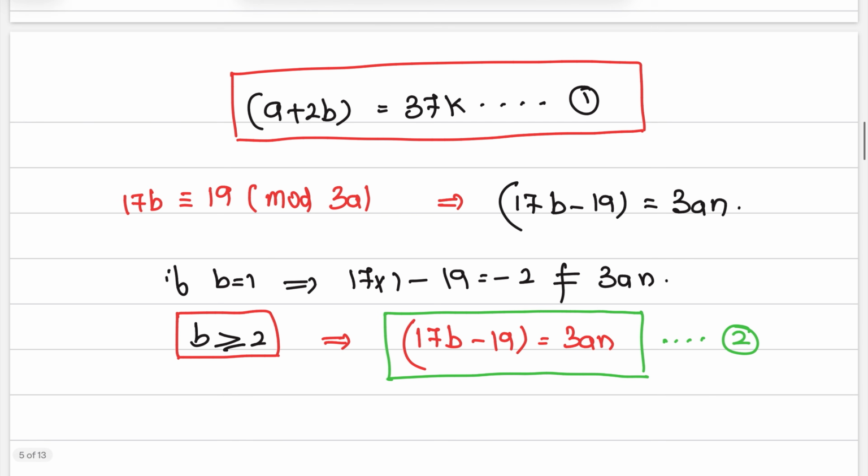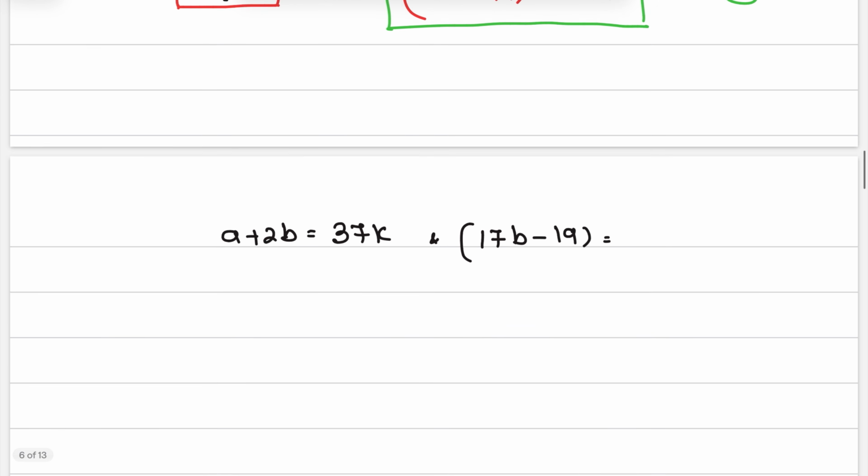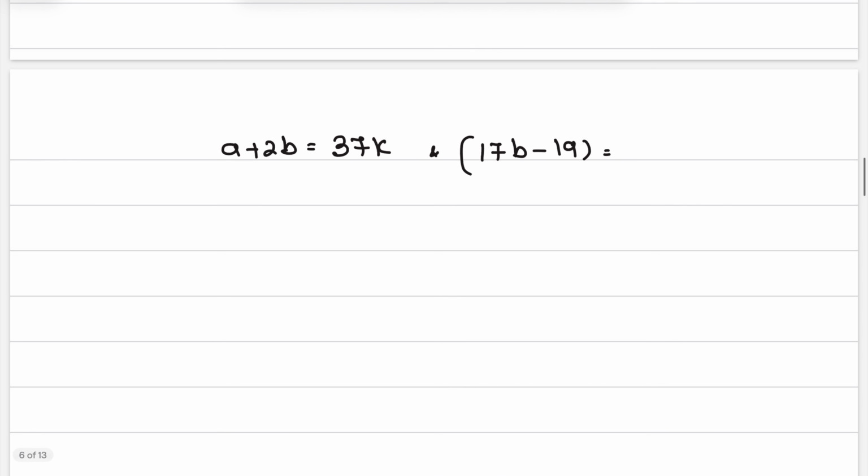One equation is A plus 2B is equal to 37k, and the second equation is 17B minus 19 is equal to 3An, and one condition is given that A plus B is less than 999.